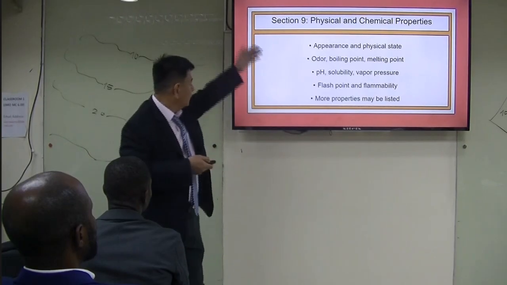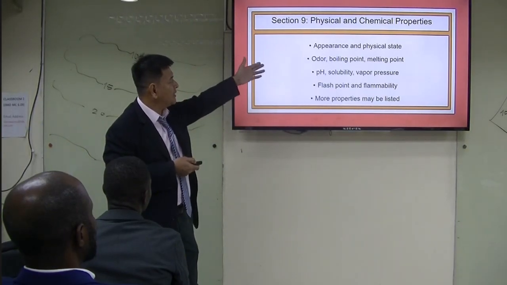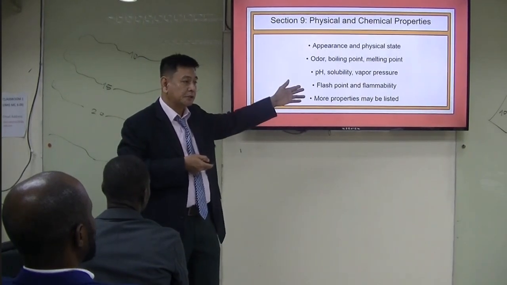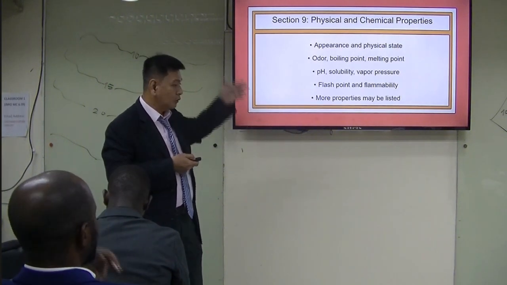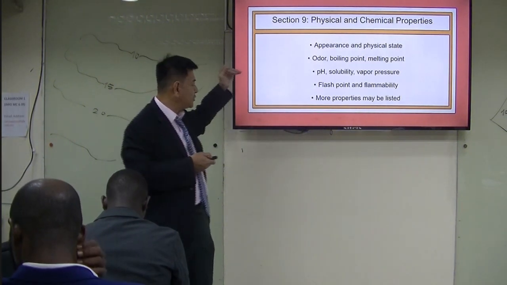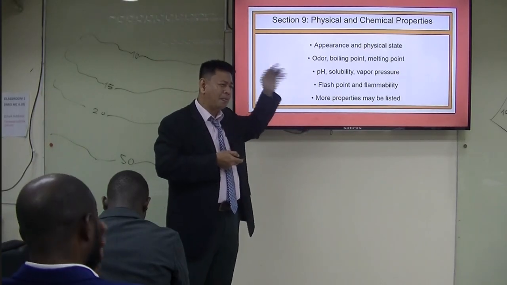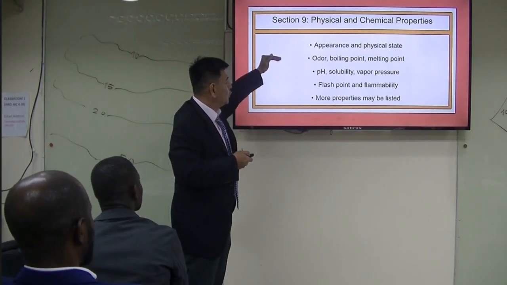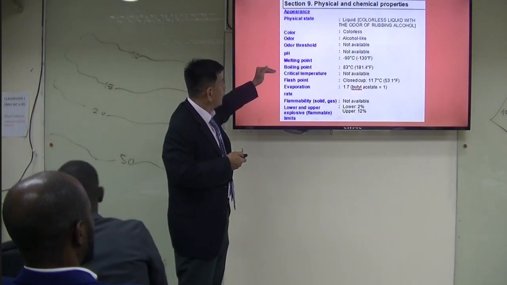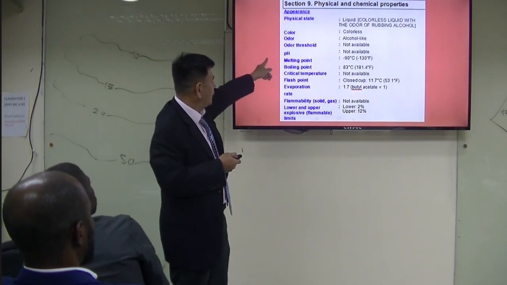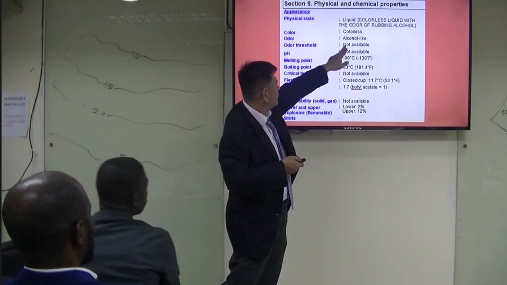Then section 9 covers the physical and chemical properties of the chemicals. As I mentioned, and as you can check in our learning objective, you can find it in section 9. Here is the content of section 9, the physical properties of alcohol.